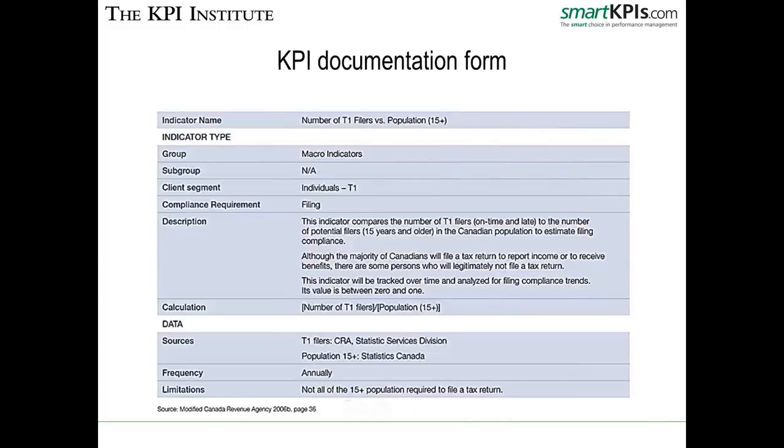An example of such a KPI description or KPI documentation form is listed on the next slide, as used by the Canada Revenue Agency. This is an extract from one of their performance reports, and it illustrates some of the fields used by them. In smartkpis.com we have developed our own templates with about 44 fields and an additional set of probably about 24 fields that we recommend to be used by organizations in an organizational context.